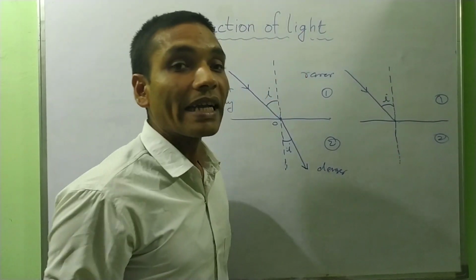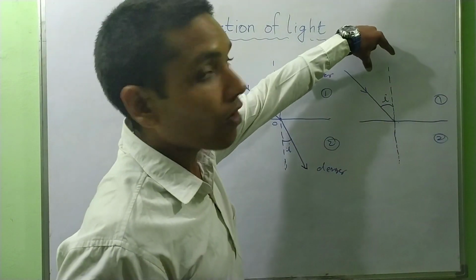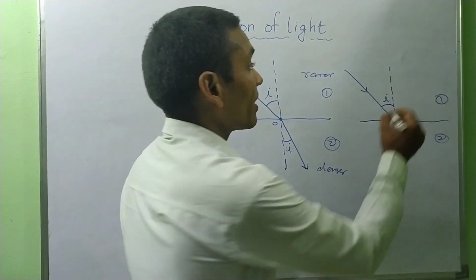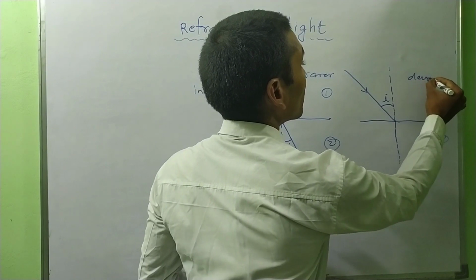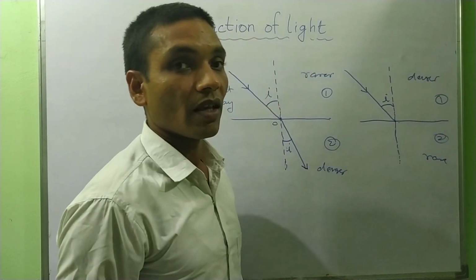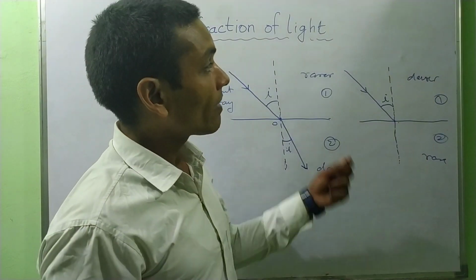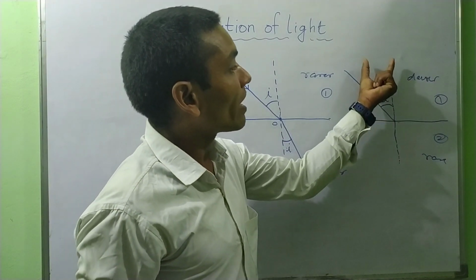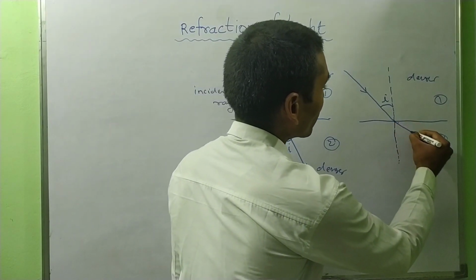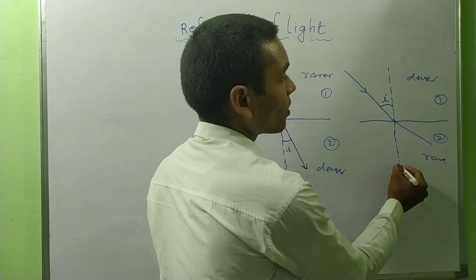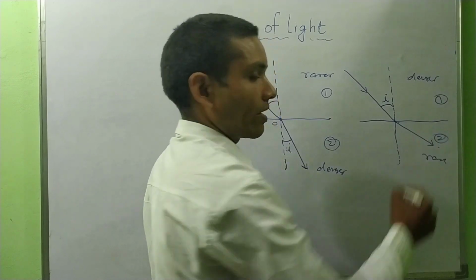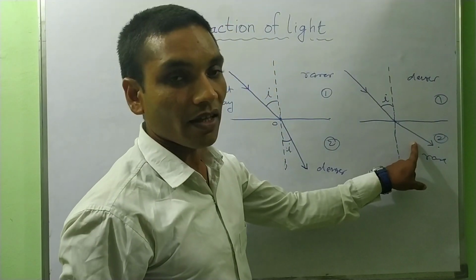And when the light ray goes from the optically denser medium to the optically rarer medium, if this is the denser medium and this is the rarer medium, in that case it bends away from the normal. This is the normal, so it will bend away from the normal, and this is the refracted light ray in this case.